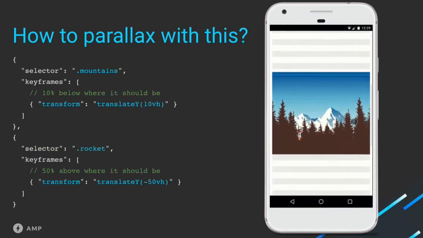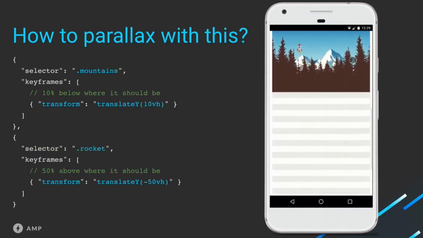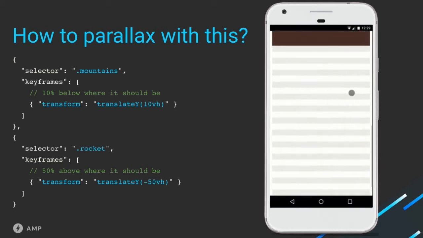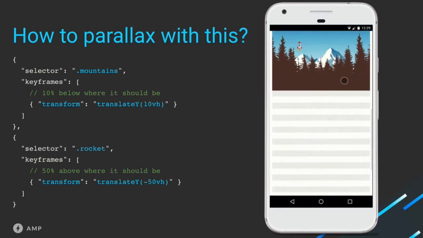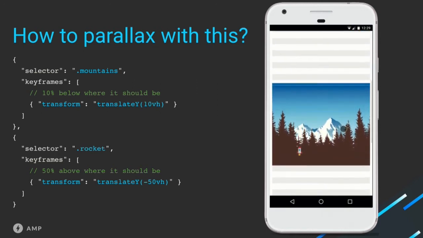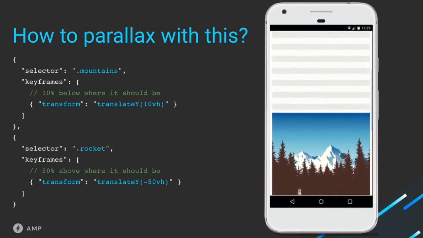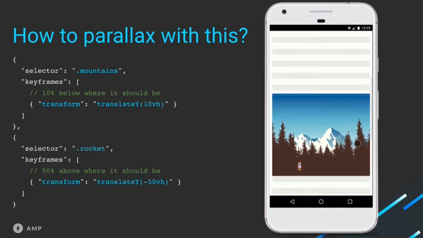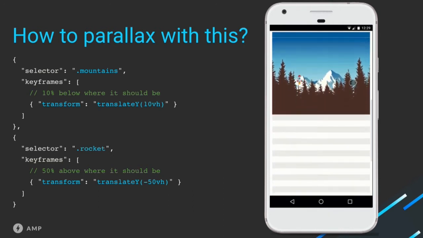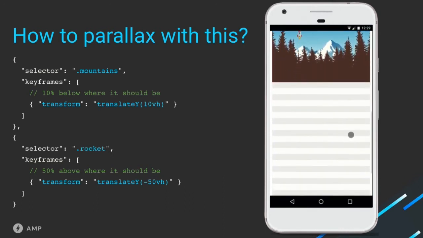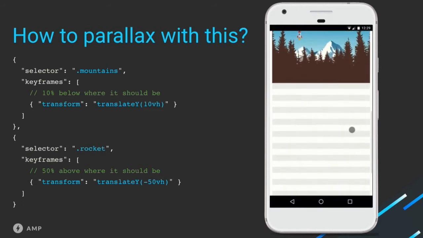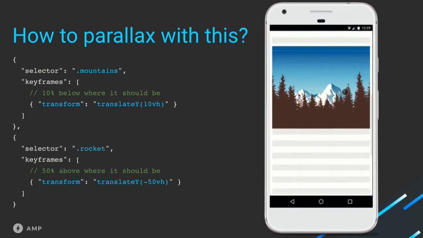But how do you do parallax with keyframe animations? Well, if at the end of the animation timeline, an element is requested to be above or below where it's supposed to be, it must move faster or slower to get there. In this example, in normal situation, the rocket will be at the top of the viewport after the user scrolls 1 viewport amount of scrolling.